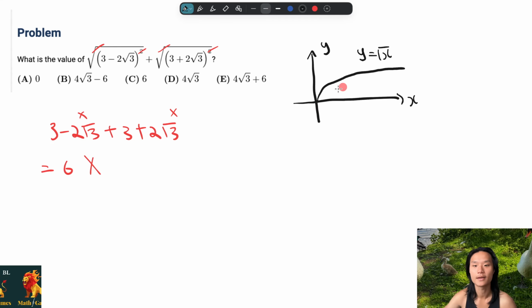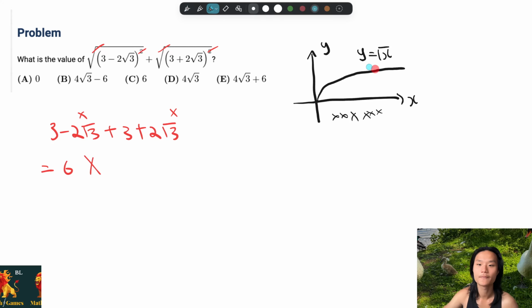Notice that the line never goes below the x-axis, meaning that the square root function, given a real number x, always returns a non-negative value. So it always gives us something greater than or equal to 0.